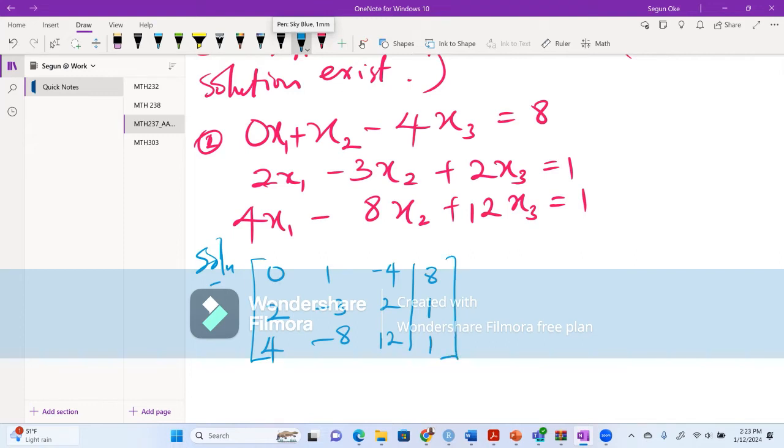We have 1. So now the first thing we need to do, remember the three rules: either you replace, or you swap, or you scale. In this case, I know the first entry must not be 0, so all I need to do is swap. I can swap R1 with R2 or R1 with R3, either of the two. In this case, I choose to swap R1 with R2.